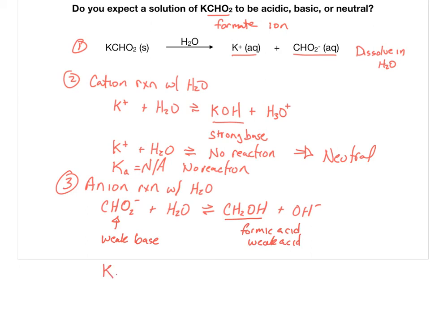That means this reaction can be described by a Kb, which is equal to Kw over Ka. Kw is 1 times 10 to the minus 14. The Ka of formic acid, let me look this up, I'm using the Ka-Kb table, is 1.8 times 10 to the minus 4.